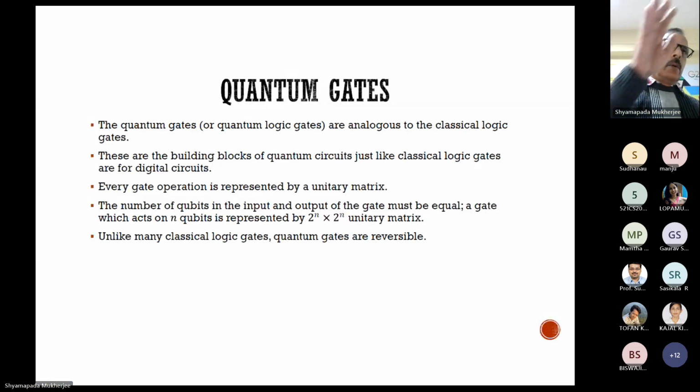But for doing practical calculation or practical designing of a quantum computer, the easiest one is the circuit model of computation. Just like we use the circuit model of classical computation, I shall make use of the circuit model of quantum computation, and that will be represented by your gates and registers.